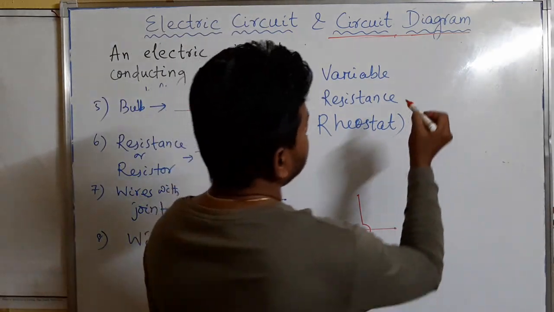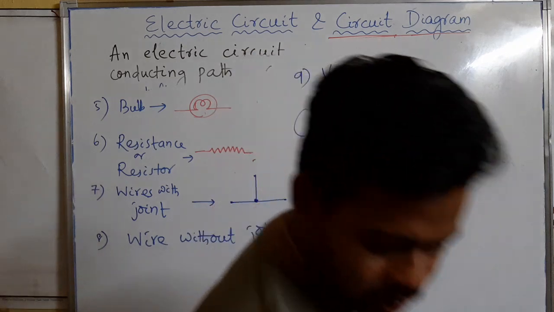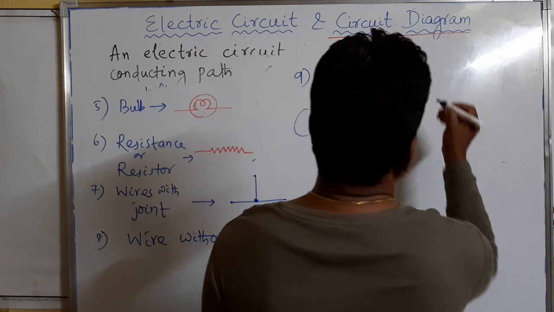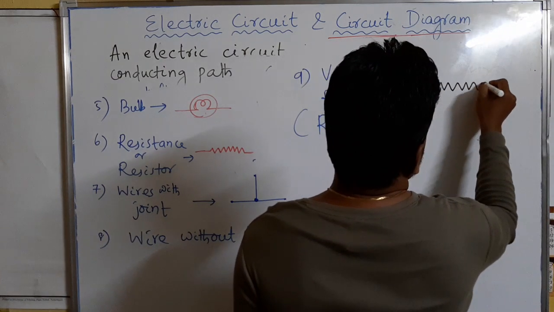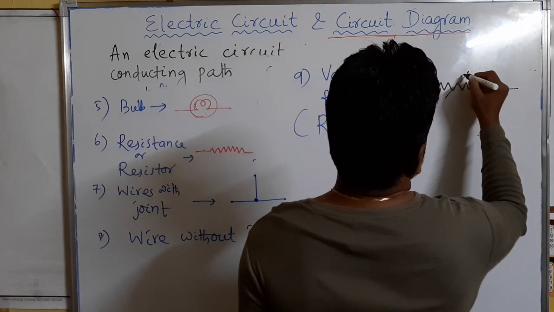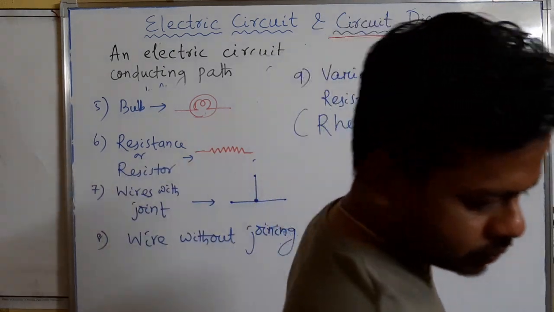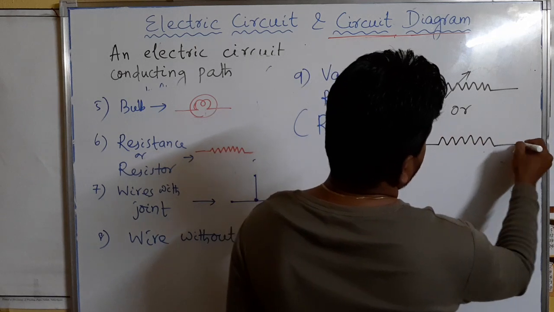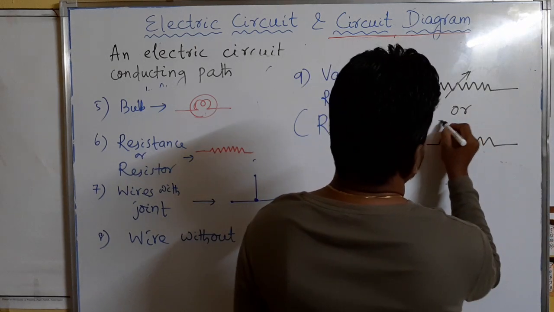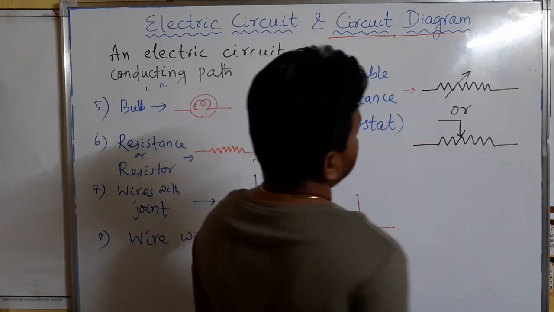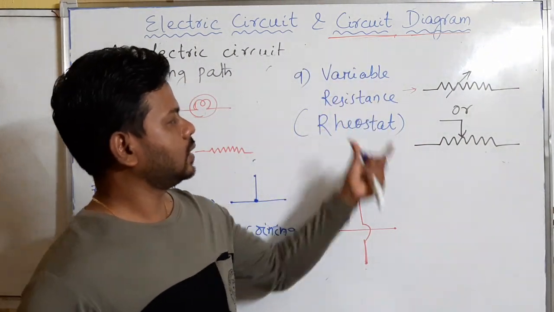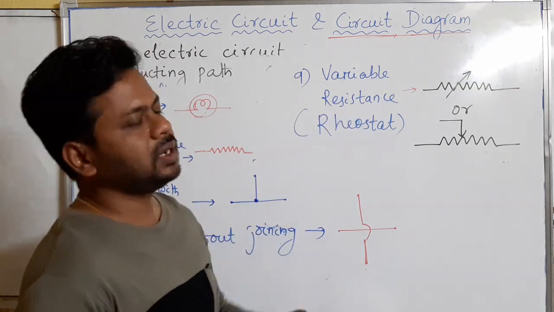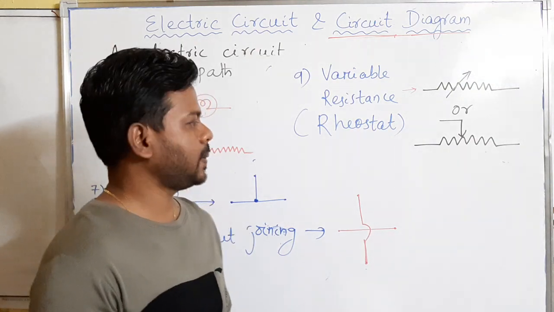The rheostat symbol we can do in this way, or sometimes we make it like this. So in both ways we can represent the rheostat. What is rheostat? Actually variable resistance. Resistance can vary.